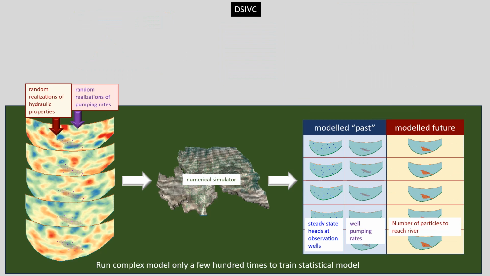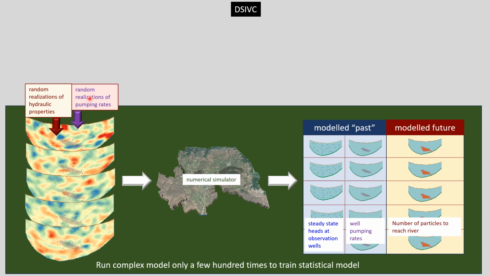Now with DSIVC things are somewhat similar but somewhat different. In this case, our realizations that are used for training the statistical model include random realizations of hydraulic properties just as before, and also inflows into the top of the model domain because we're not exactly sure of those in this case.